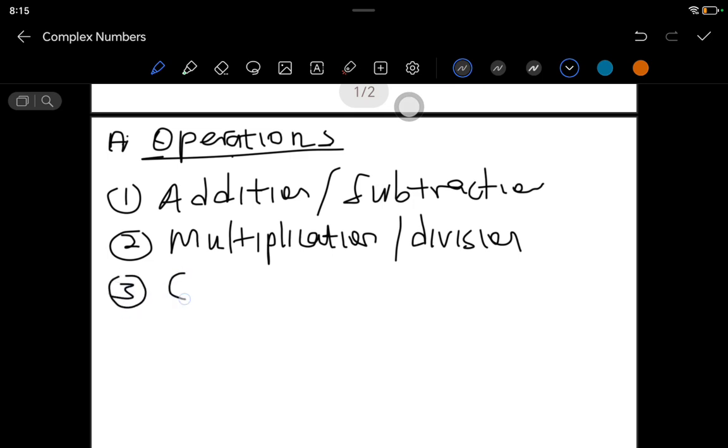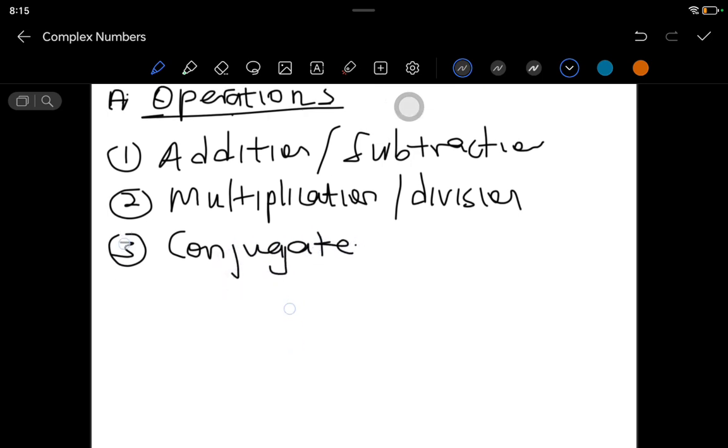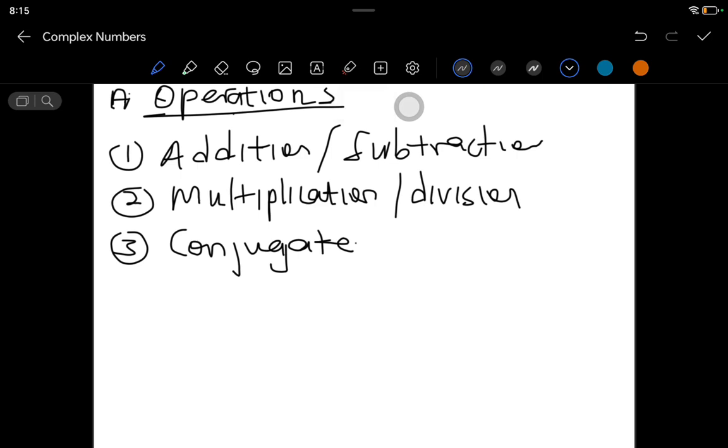Usually this one is not really an operation, but I want to cover it now. When we look at addition and subtraction, these are not that difficult. They are simple to deal with, right?